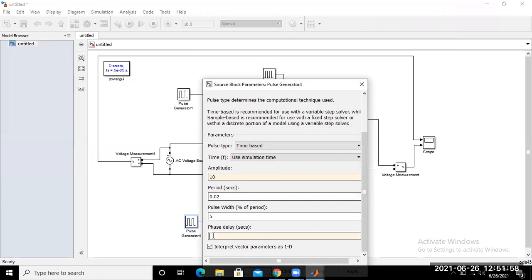Phase delay is similar to thyristor number 3. So again 0.58 into time period, that means 0.02. Okay.